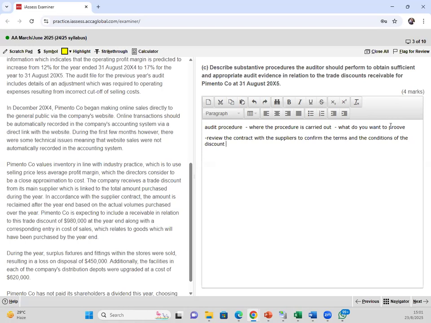Terms and conditions of the discount, to ensure that the entity is entitled to any discount at the year end.